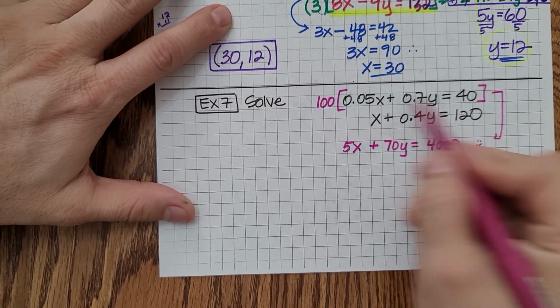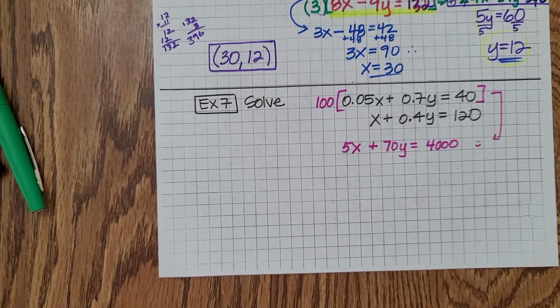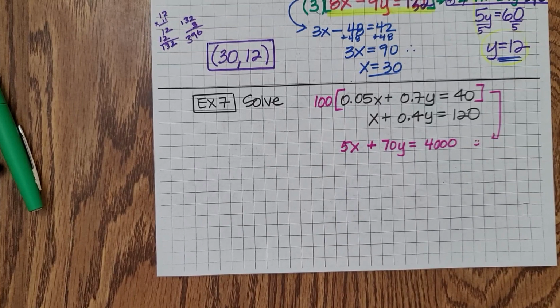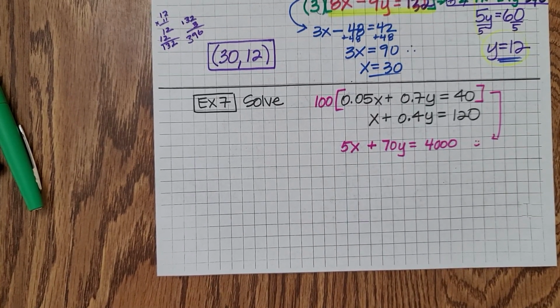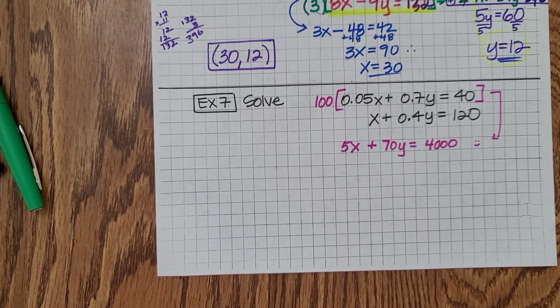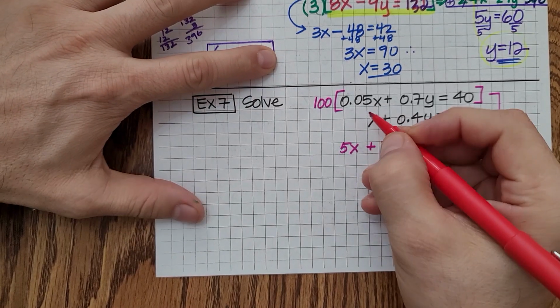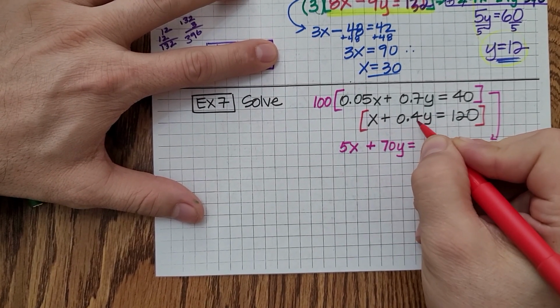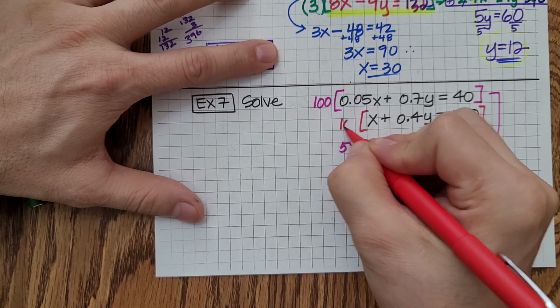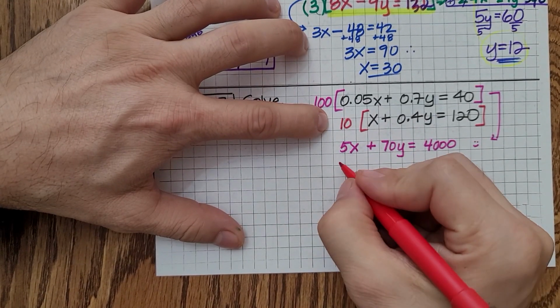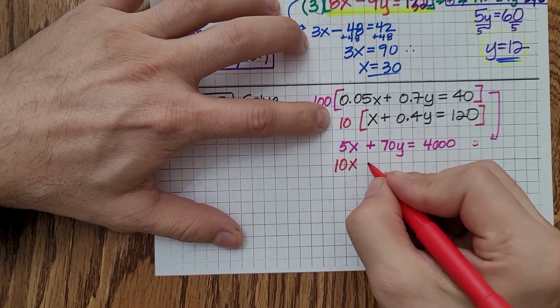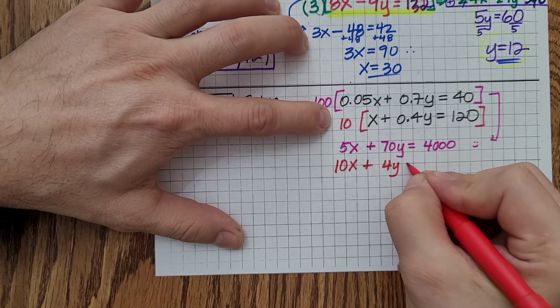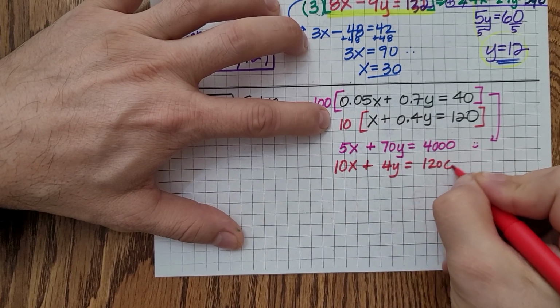If you need help on multiplying by tens, hundreds, thousands, or any base 10, we can do that in another lesson, but I just want to jump right into this. I'm also going to multiply all of this to get rid of that decimal by a 10. And that's going to become 10x plus 4y equals 1200.